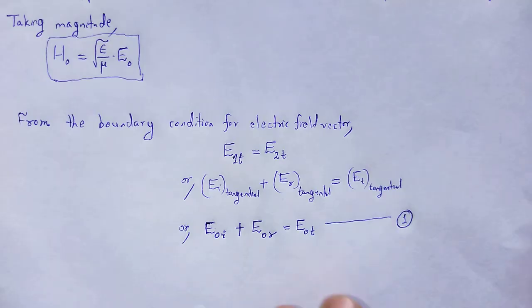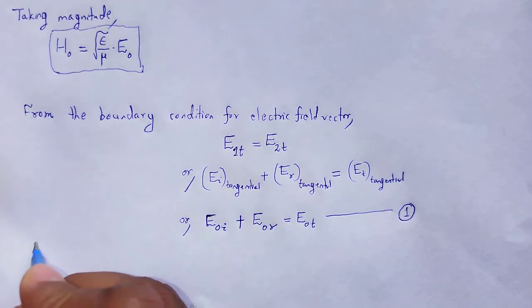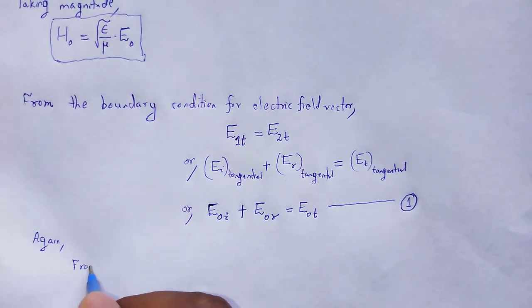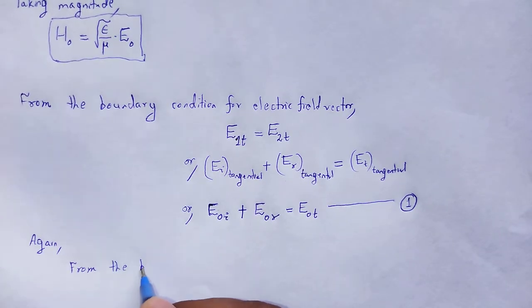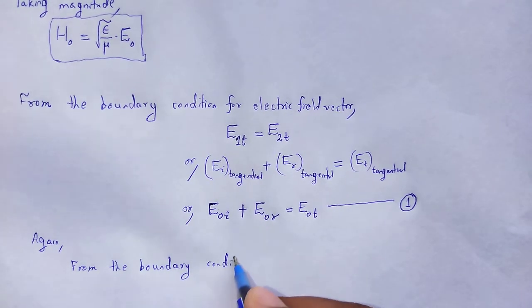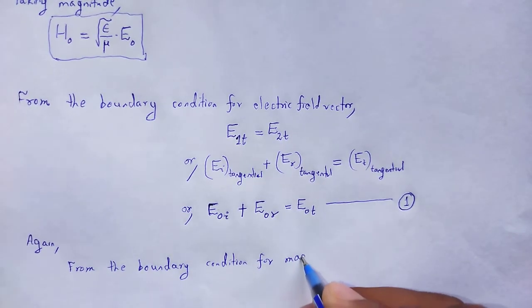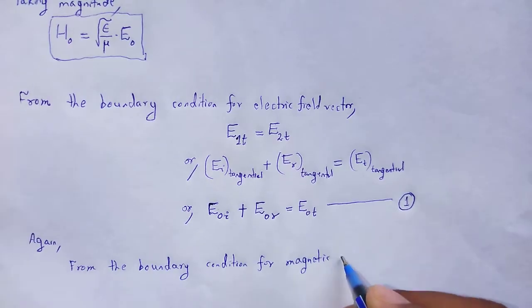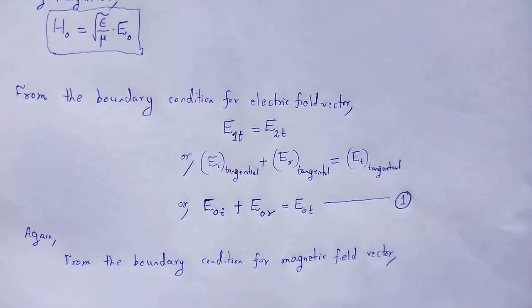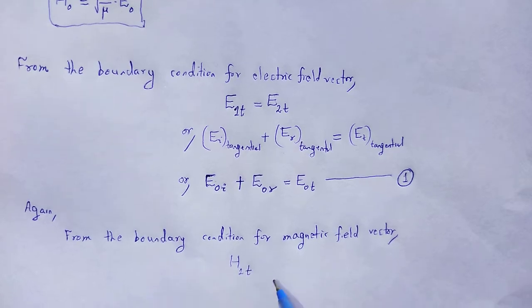Next, the boundary condition for the H vector. Again, from the boundary condition for the magnetic field vector, the tangential components of the magnetic field vector are continuous.